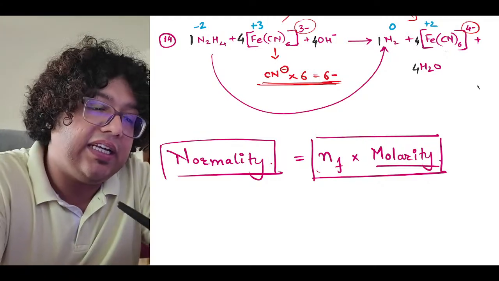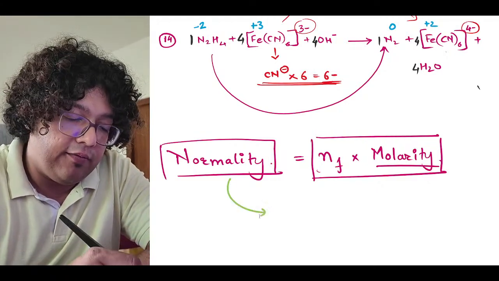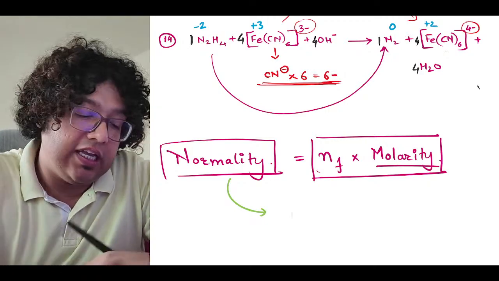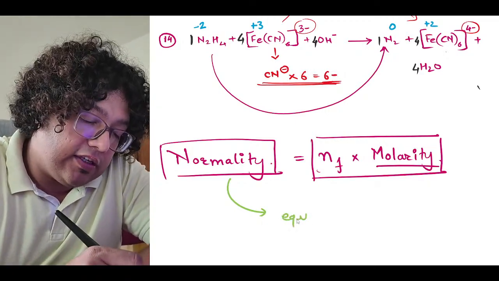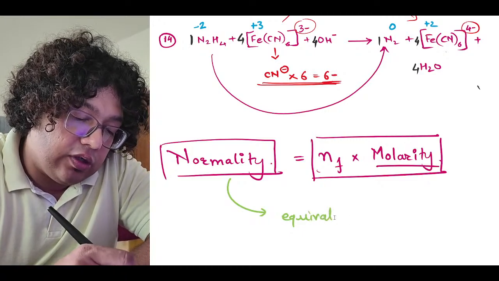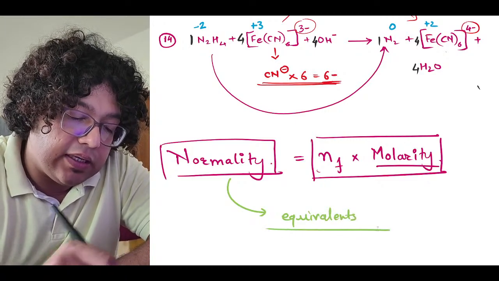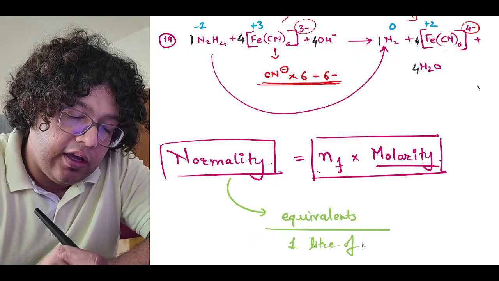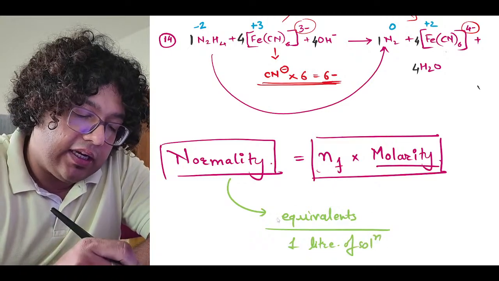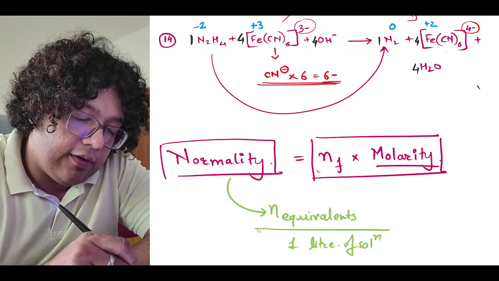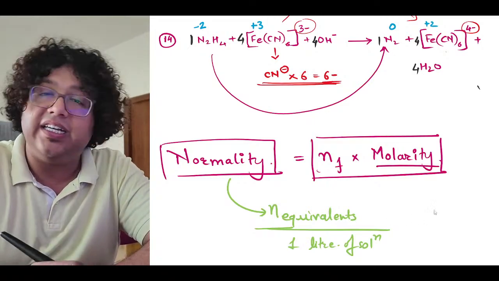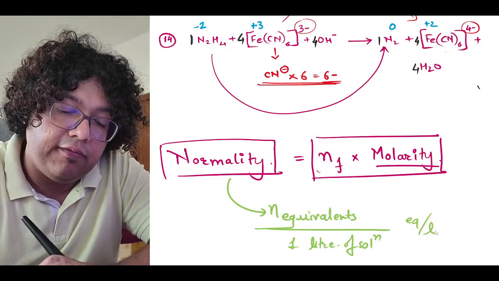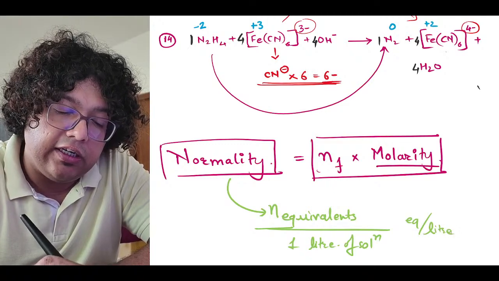So normality had to come up with a new word. Instead of calling it moles, they came up with a new word, which is equivalent. So the number of equivalents present in 1 liter of solution is called normality, right? Number of equivalents per liter of solution. So even its unit is equivalent per liter.